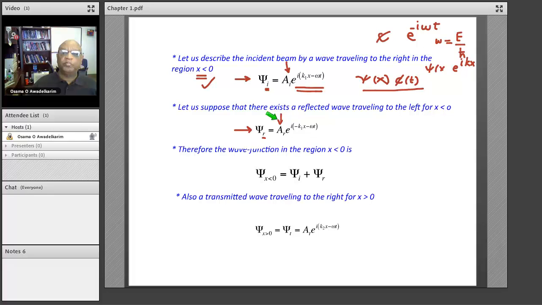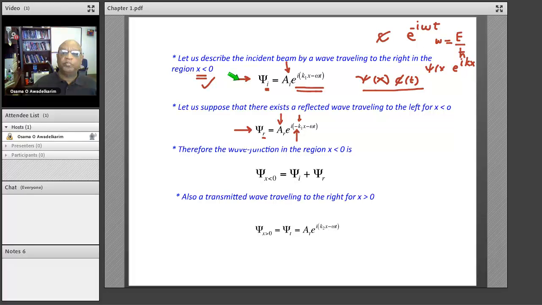Now again, I'm using the same wave number K1 on the left-hand region, but look at this minus sign here. The minus sign indicates that the wave propagation is in the opposite direction to the propagation of the incident wave.